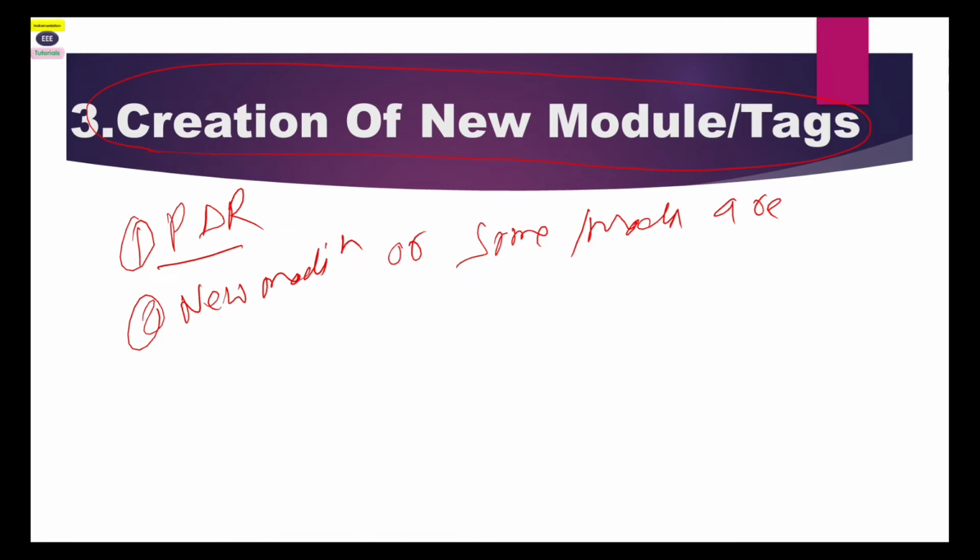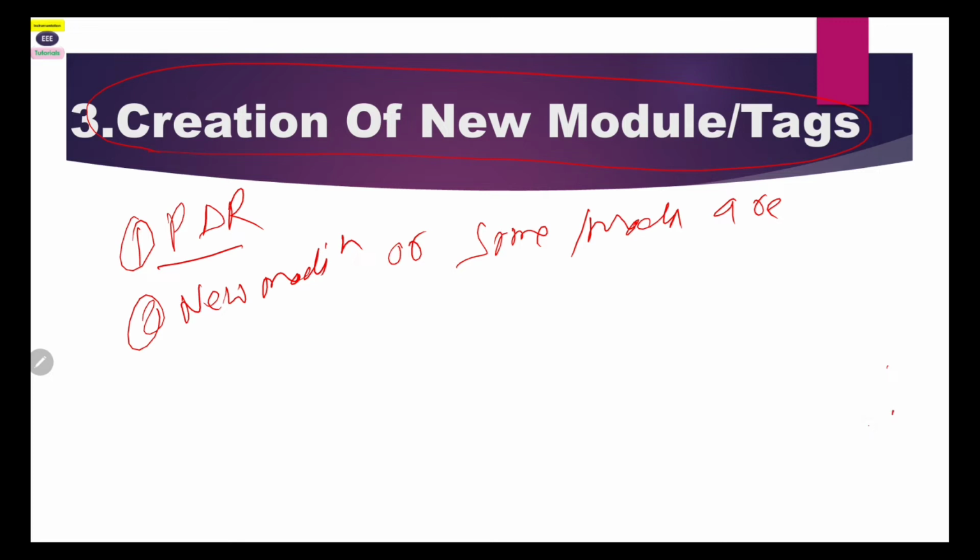If you have a modification job with new tags, you require new module and tag creation in your backup or in your program. So you should also know how to create new tags in your PLC or DCS. So this is our third point.